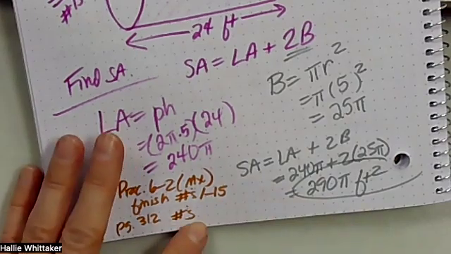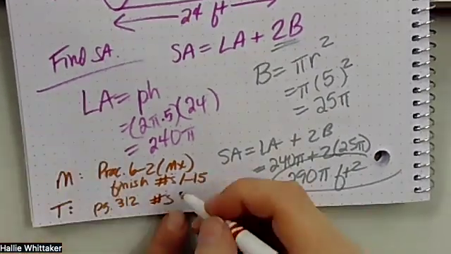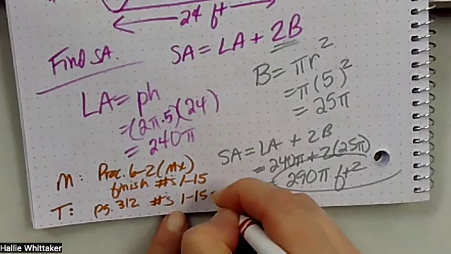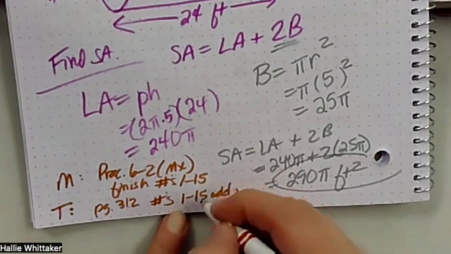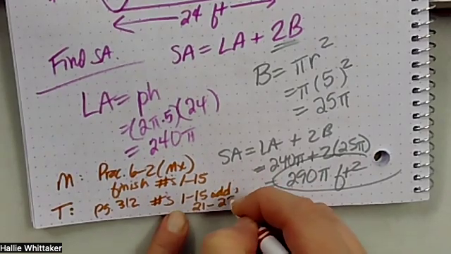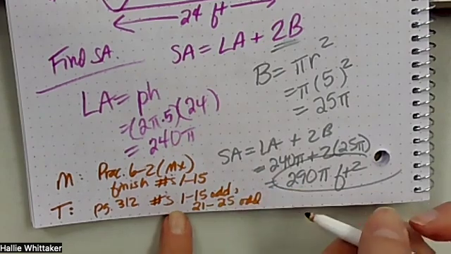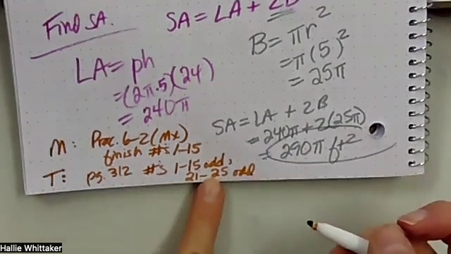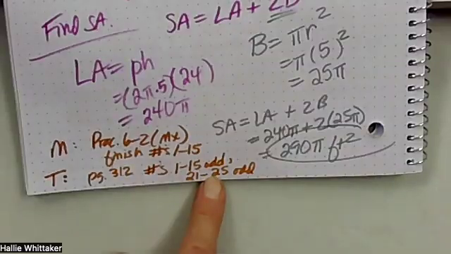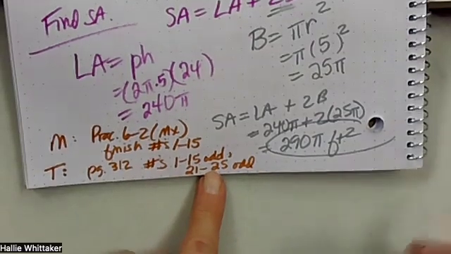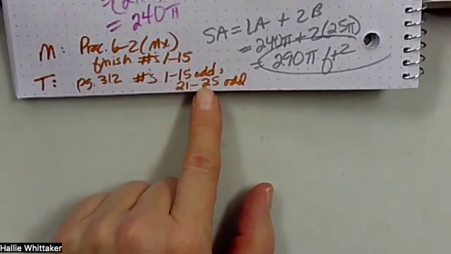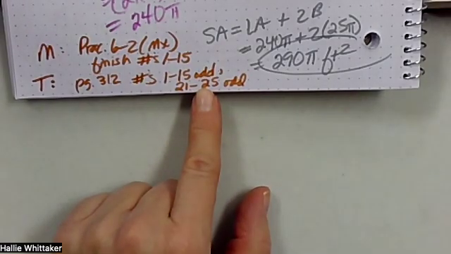It just makes sure you've got the concept. Do 1 through 15 odd, and then 21 to 25 odd. Again, not bad. I'll probably have you practice some more later, but that's it. There's not many, but you have to think a little bit more on them.